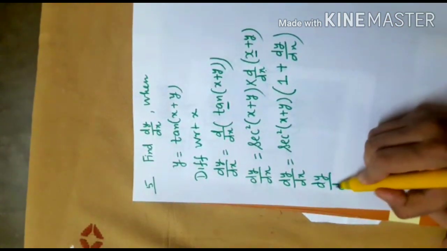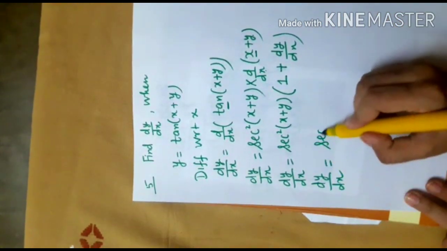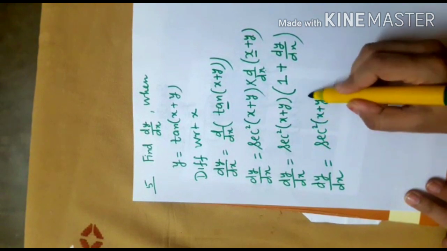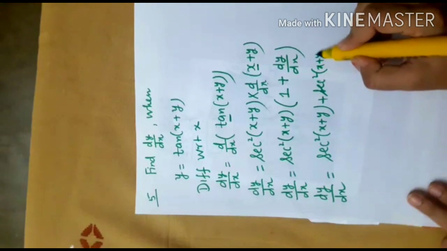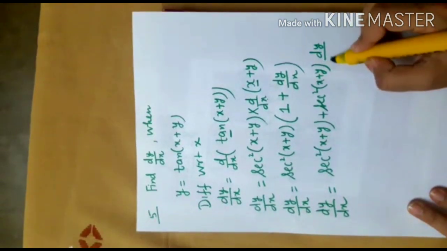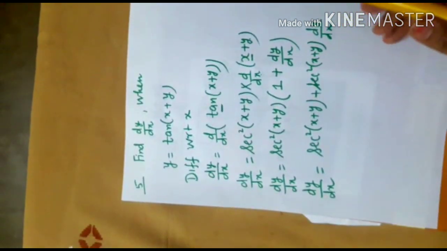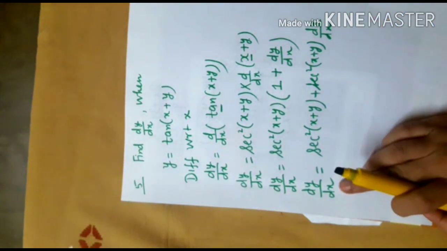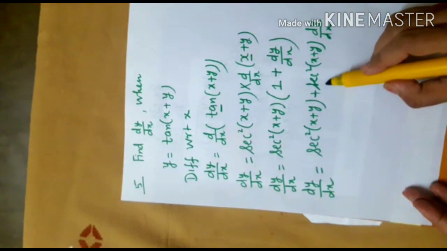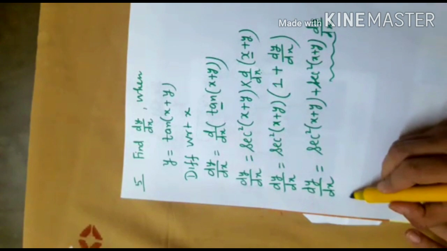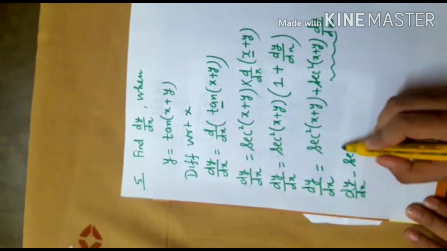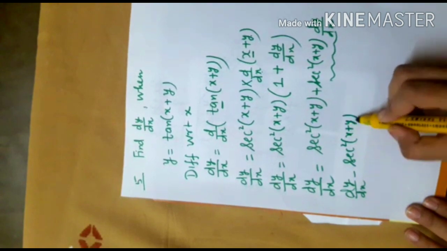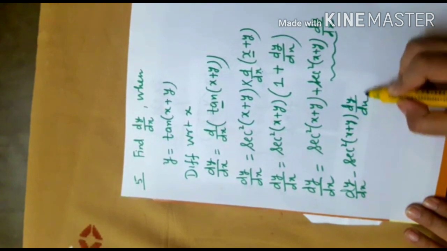So it's dy by dx equals secant square (x plus y) into (1 plus dy by dx), open the bracket. Now take all the terms containing dy by dx to one side, so I transpose this term to the left hand side. So dy by dx minus secant square (x plus y) dy by dx.